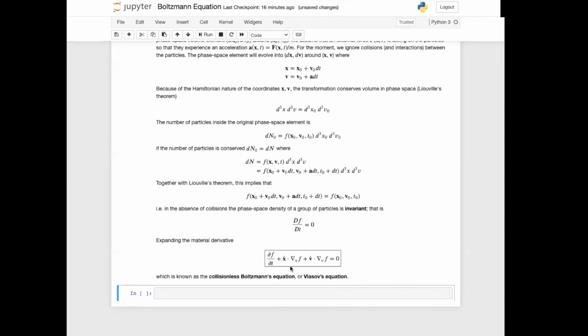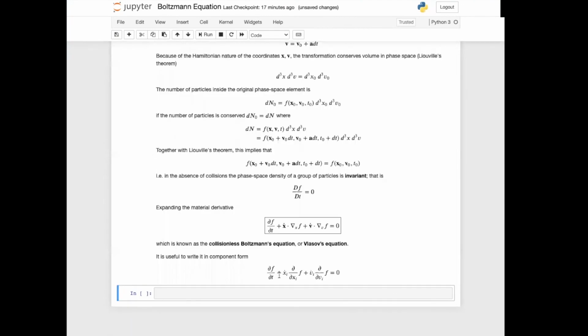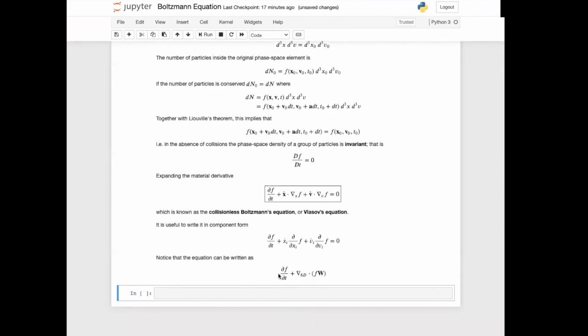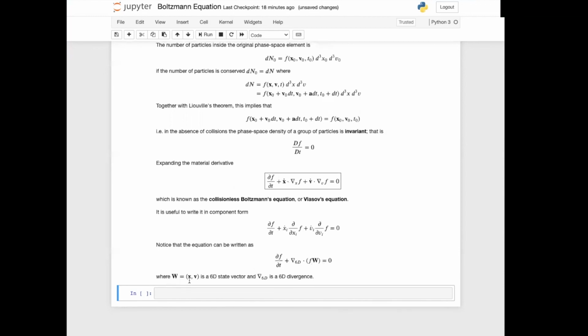It's also useful to write this in component form, where the convention here is that repeated indices are a summation in all the coordinate axes. Now notice that this equation can be written in this form, where this big W is x and v in a single vector, a 6D state vector of the system. And nabla 6D is a 6-dimensional divergence. That means the divergence in x and the divergence in v.